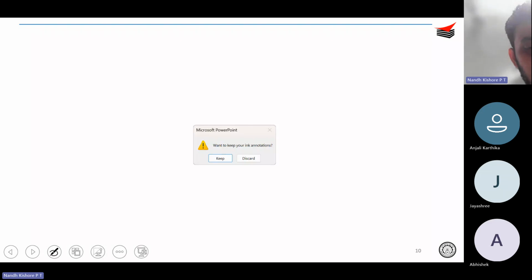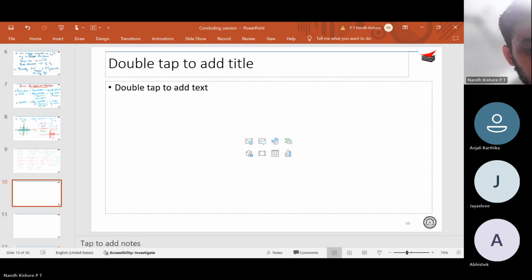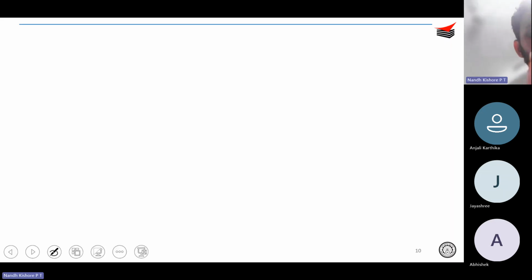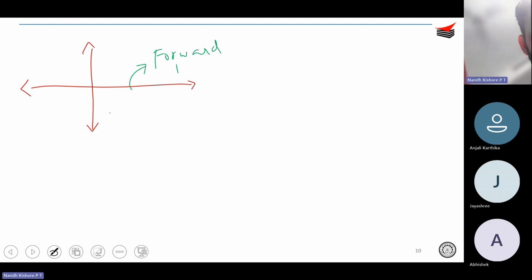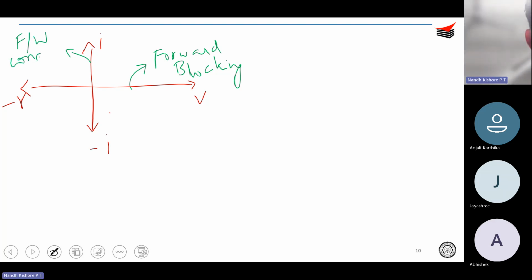So in the four quadrant operation, what are the names of all of these quadrants? So this is called forward blocking. And then this is called forward conduction.